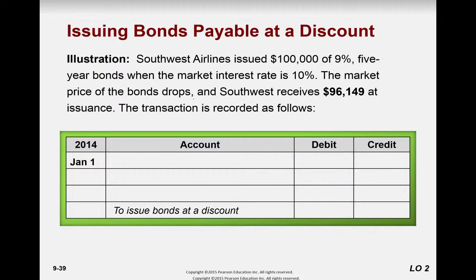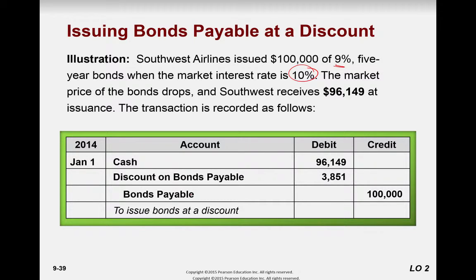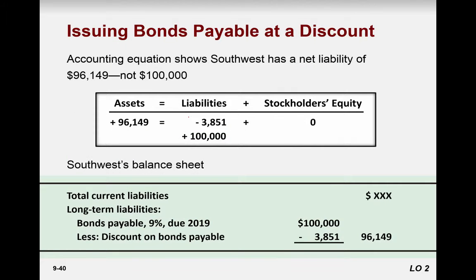Now at a discount, we still have the same information, but our market rate is 10% and the stated rate is 9%. So basically we have $96,149, and that's the amount of money we're going to get. Then we have to true it up to make debits equal credits. We have to record the discount, and we see that the discount is debited for $3,851 to get to our $100,000.